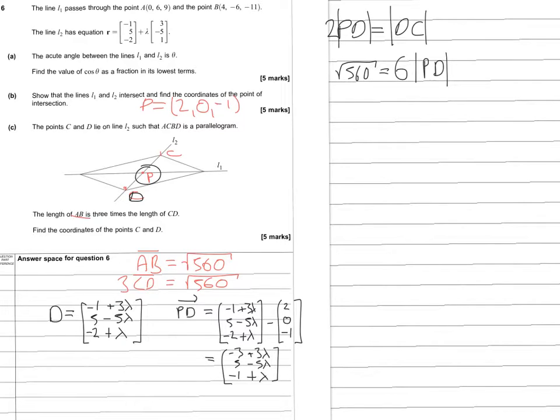Now if I work out the length of PD, I can figure out lambda. Once I've got lambda, I can figure out D. It's going to come out as a quadratic equation, so I'm going to figure out 2 possible lambdas. One will give me D and one will give me C. That's what I'm hoping anyway.